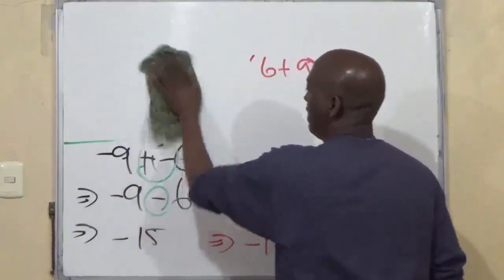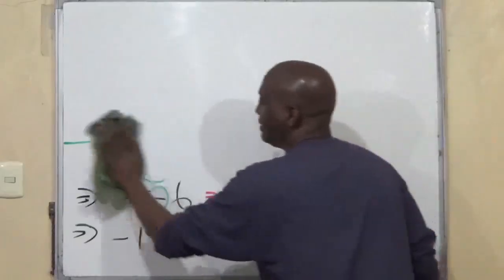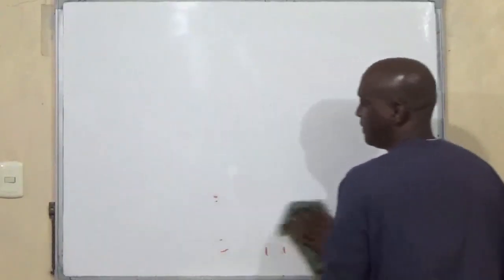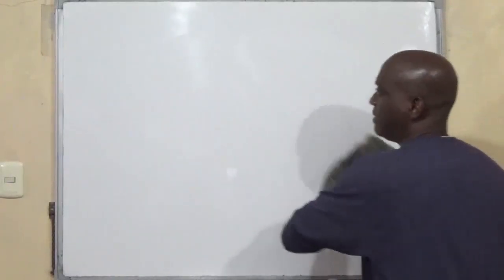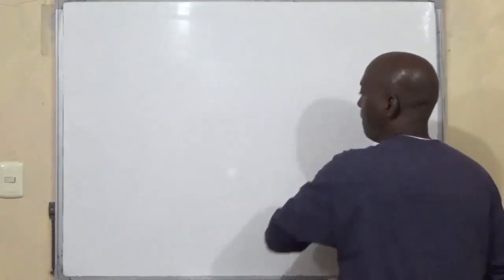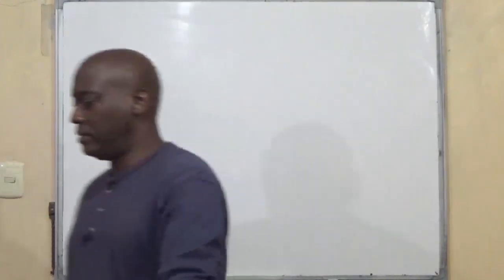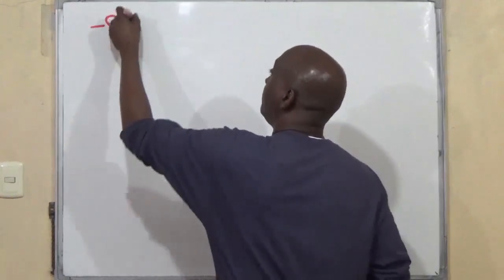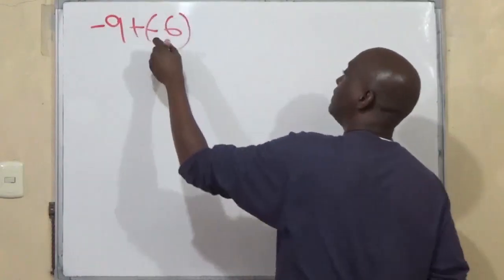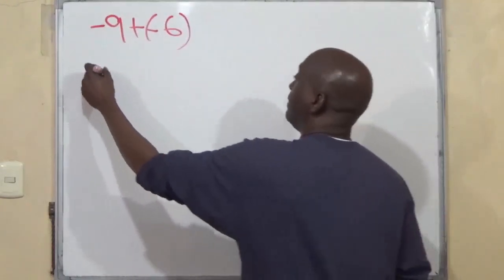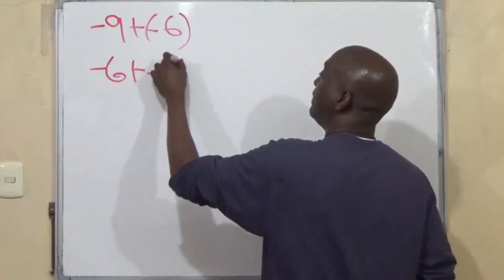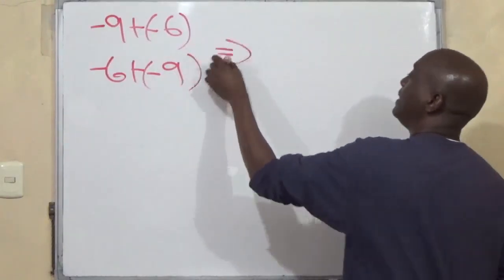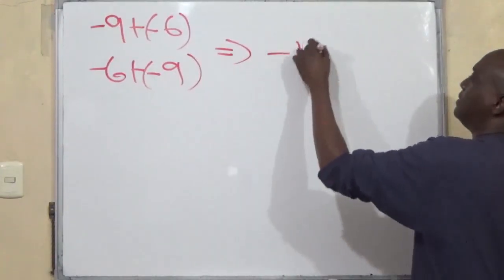In general, and of course you saw that whether you had minus 9 plus minus 6, I'm going to write it on the board because I want everybody to see what we're really trying to say here, right? Whether you had minus 9 plus minus 6, or you had minus 6 plus minus 9, in both cases the answer was minus 15.